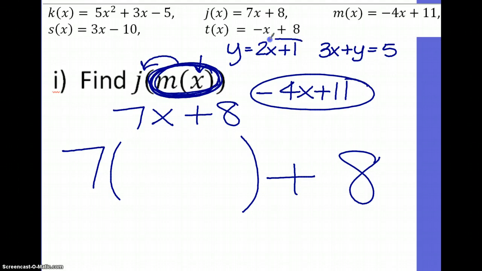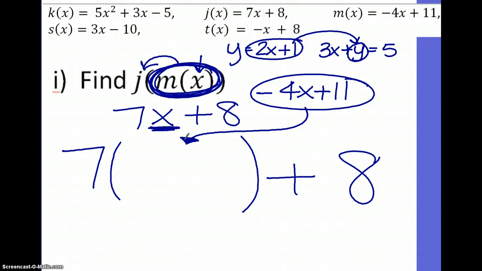And we took what y was equal to and we plugged it in for y. So that's really what we're doing here: we're leaving a spot where the x is, and we're putting all of the m function in that spot. All of it's going to go in there. So the m function is -4x plus 11.